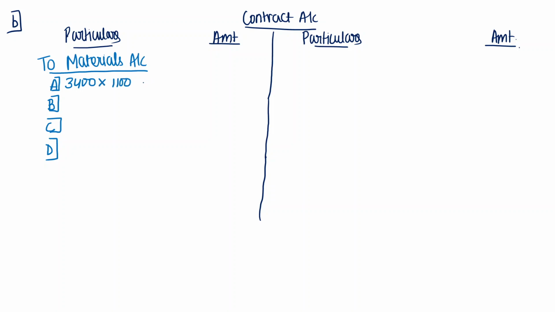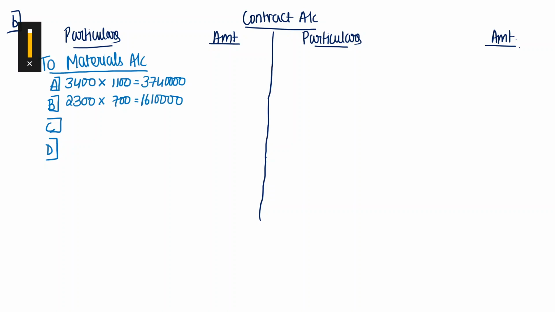That is how much? 37 lakh 40,000. Next is 2,300 into 700. 16 lakh 10,000.